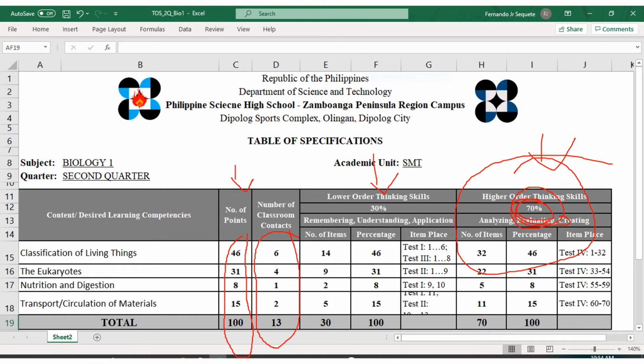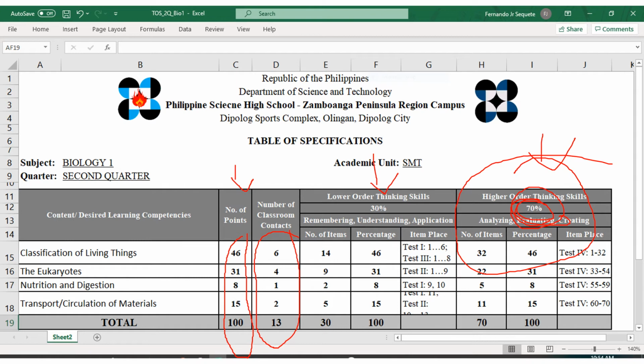That is not what we call HOTS. So computation is still part of the lower order thinking skills, specifically application. We are very stressed computing our math formulas, but computing math formulas is still part of the lower order thinking skills, specifically application.